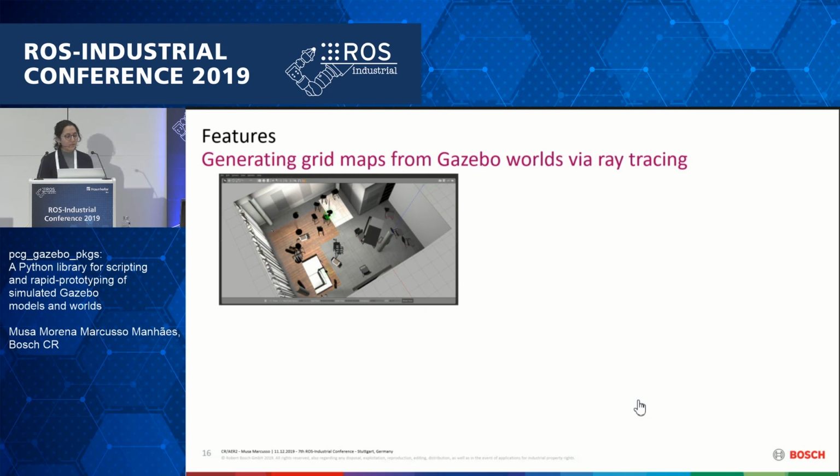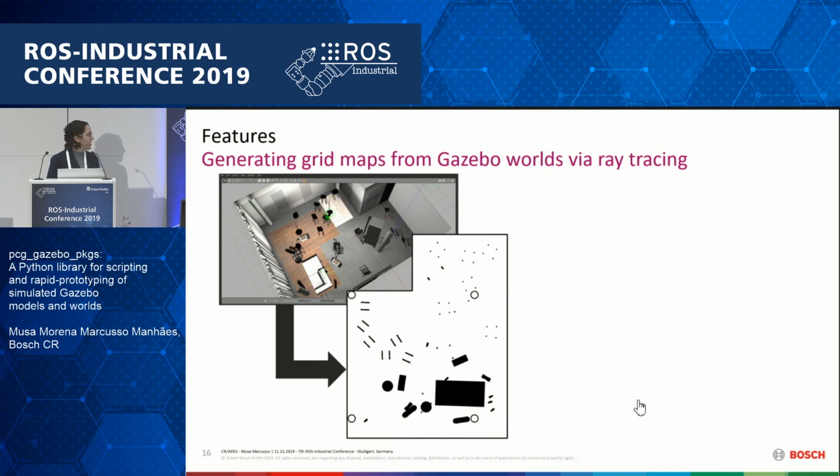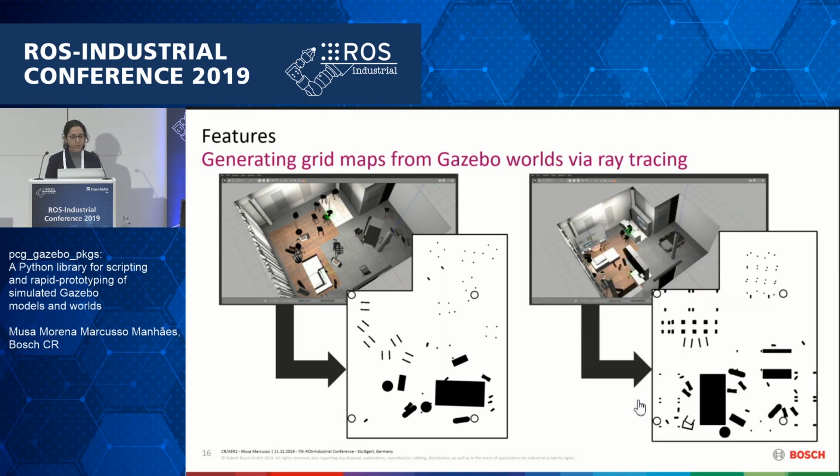And one thing that is also very interesting for maybe navigation systems is that once you have this world file or the world configuration, you can actually run ray tracing and just get the occupancy grid of this world. And you can also exclude things.